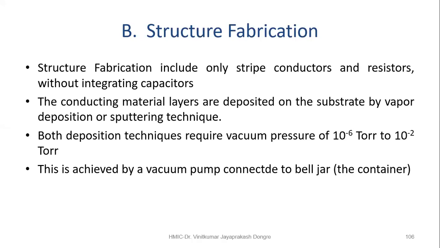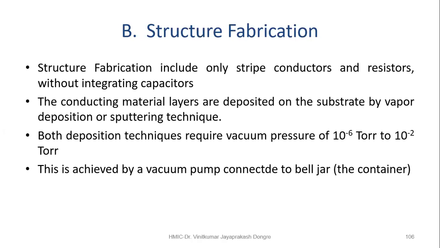Okay, now we are going for the actual fabrication process. Whatever the structure is, how can it be fabricated? These two methods, sputtering or vapor deposition, we are discussing. You might be familiar with that.